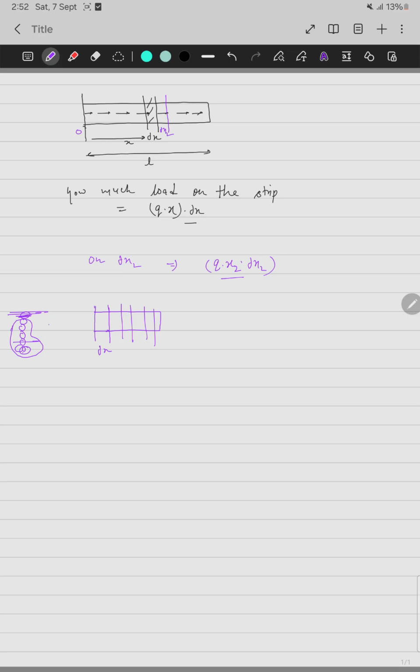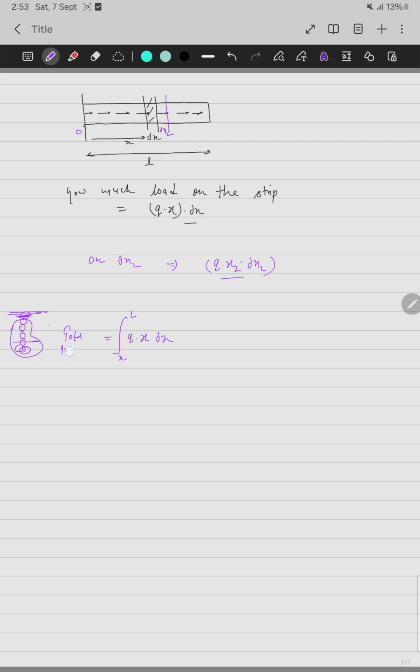So in this way, to calculate how much total load is acting on this dx, it will be q times x into dx, summed for dx1, dx2 till the end. So we will do an integration from x to L. This will be the total load acting on dx.